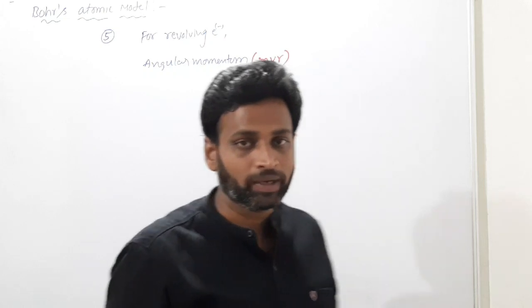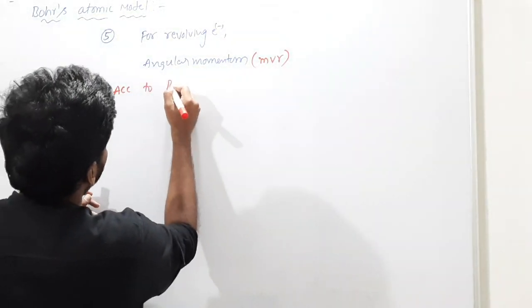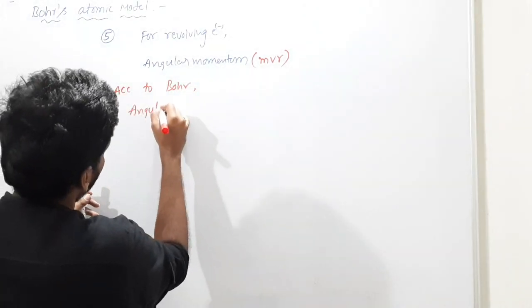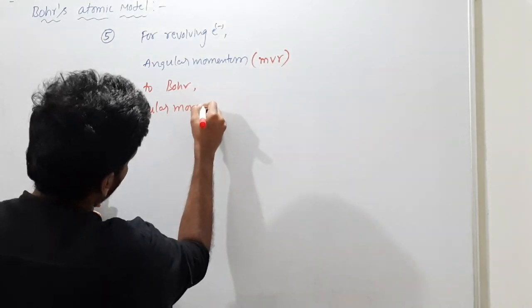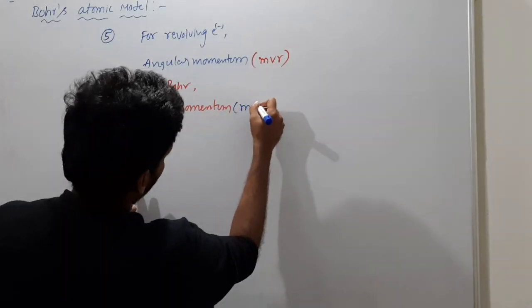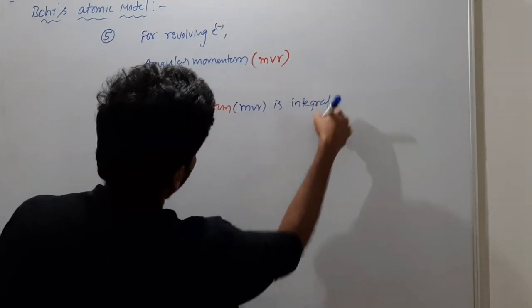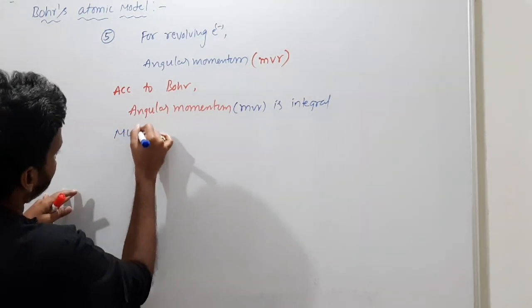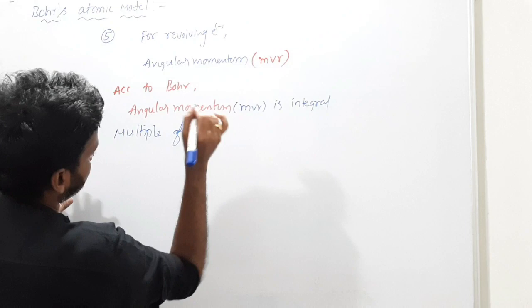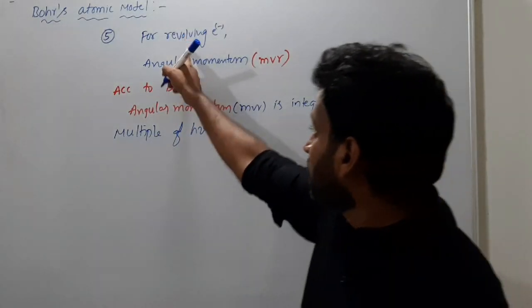So according to Mr. Bohr, angular momentum, MVR, is an integral multiple of h by 2 pi.